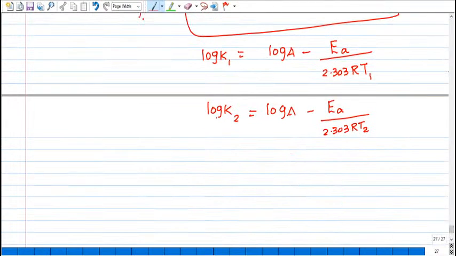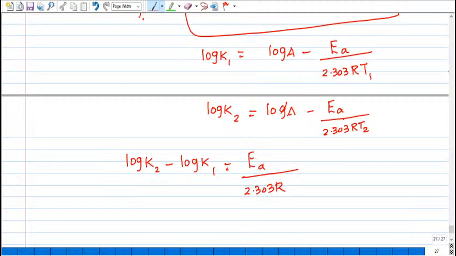For the calculation purpose, if you subtract log k2 minus log k1 for the two trials, we can cancel log A and log A. Subtracting, this will become plus: Ea by 2.303 RT1 minus Ea divided by 2.303 RT2.